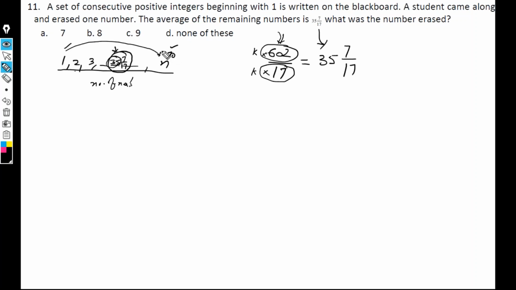Because we have to focus on the number of numbers. Sharad, I am saying if your average is 35 point something, this 35 will be attained if the number of numbers here is somewhere around 70. Let's say there are numbers 1, 2, 3, 4, 5, 6, the average of this is 3.5.